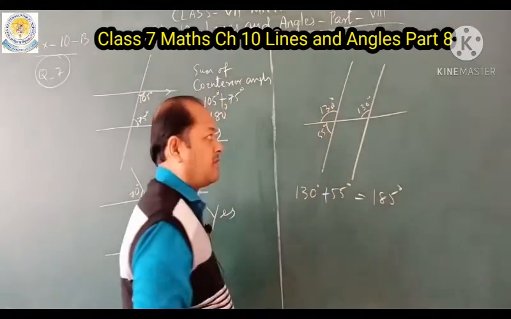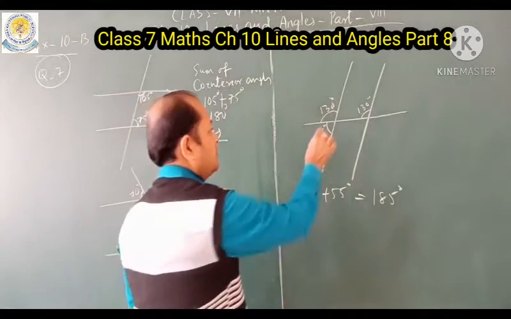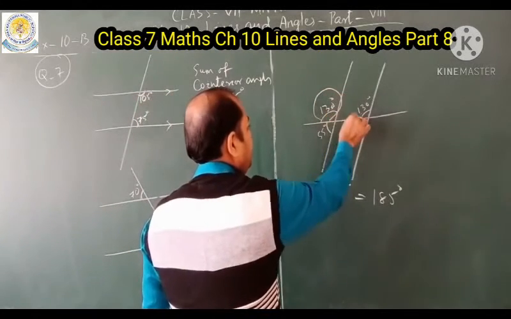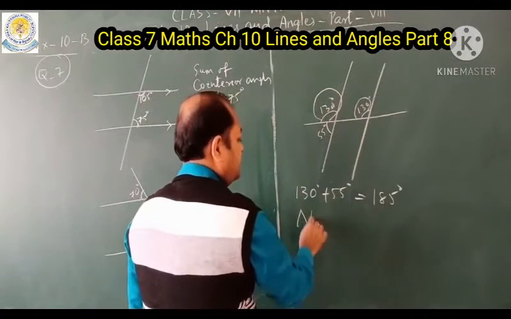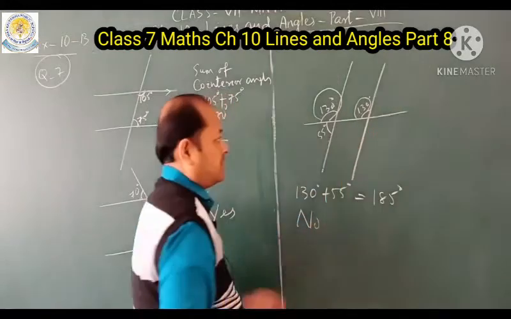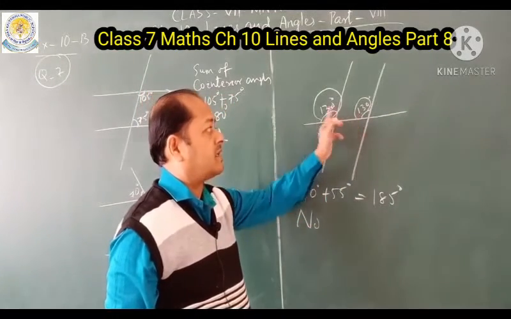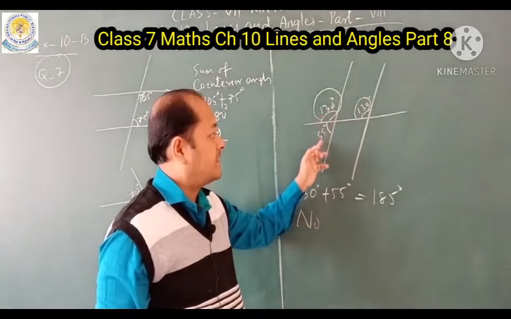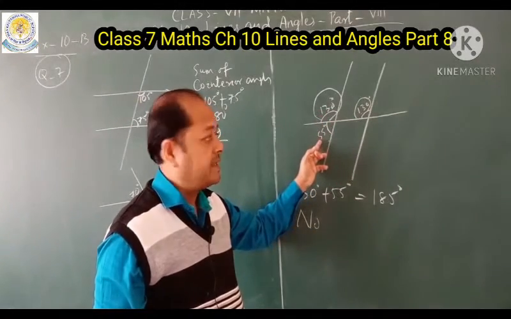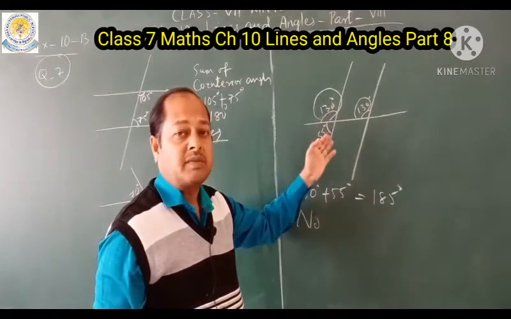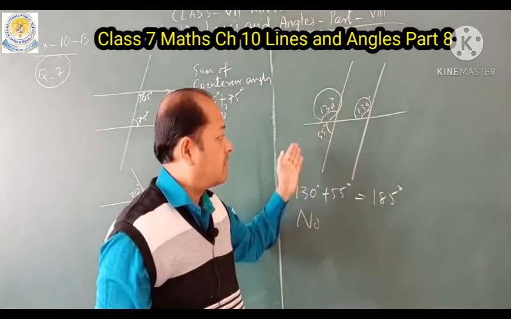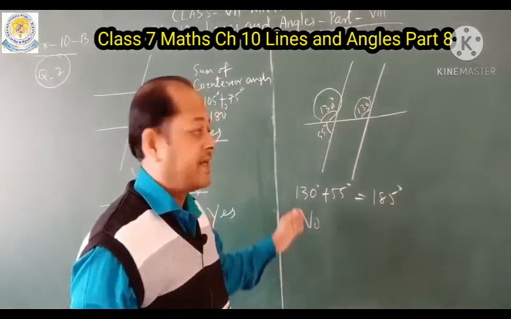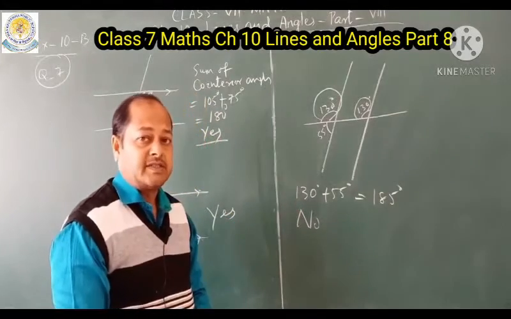If this is 130, then this is not the case of parallel lines, because in parallel lines the corresponding angles should be the same. One of the angles must be wrong. So this is not the case of parallel lines.